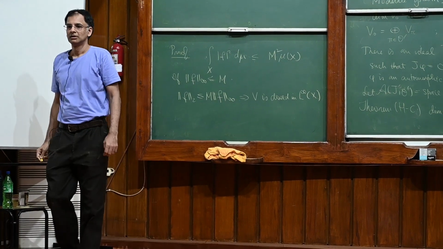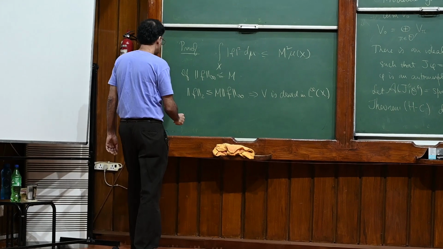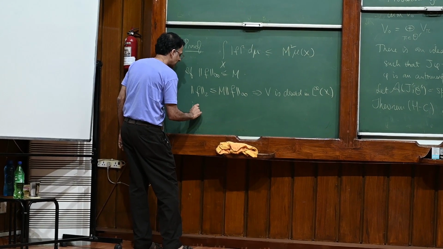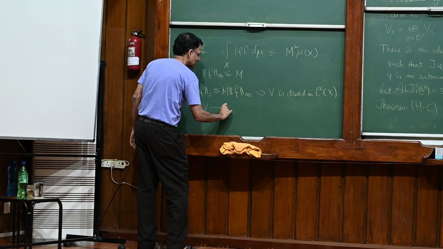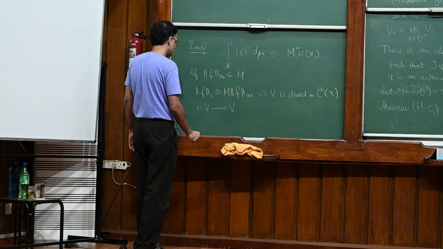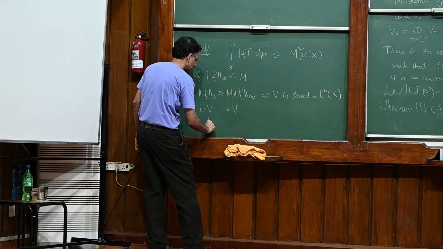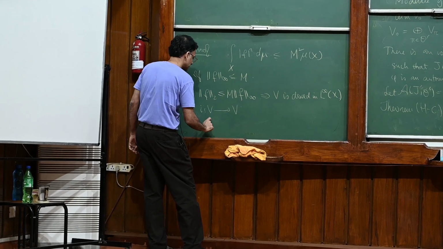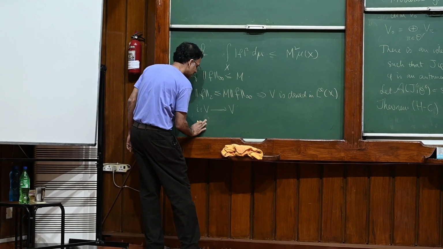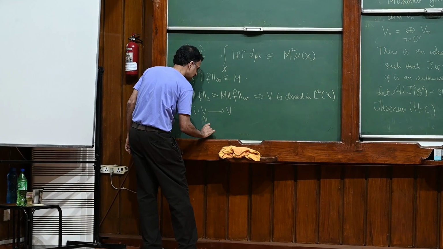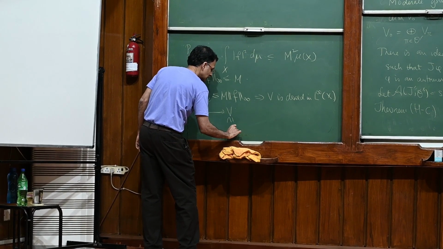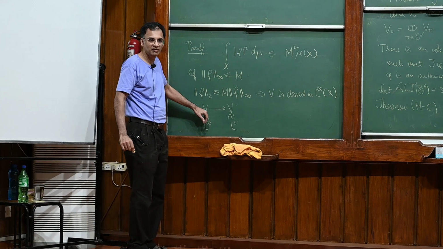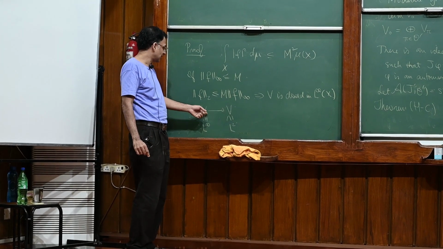So now you can look at the identity map from V to V, going from L infinity to L2. Think of this as being closed in L infinity, and this as being closed in L2. This is the identity map.